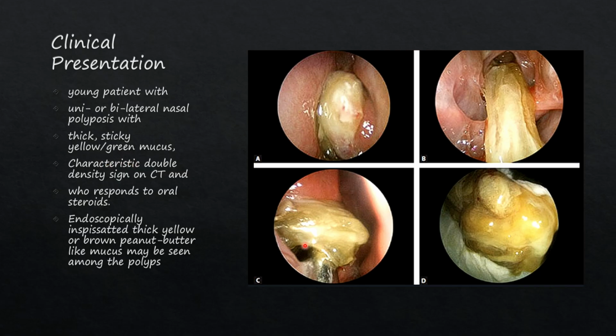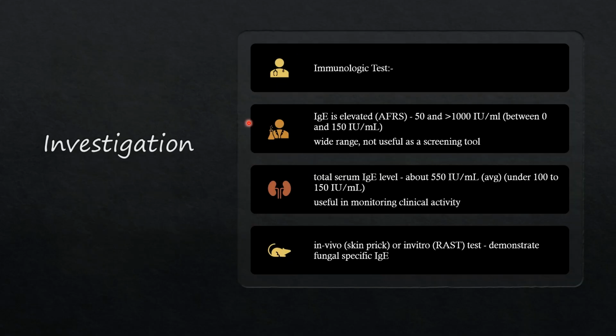This is known as axle grease mucus, also known as peanut butter mucus. So I hope you're not eating anything. The characteristic double density sign is seen on CT. We already know PDD. So DD stands for double density. These patients respond well to oral steroids, and this peanut butter, you have to clear all of this, because this is the source that serves as the antigen for the immunologic response.